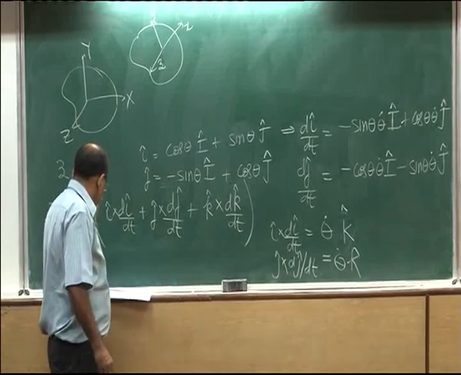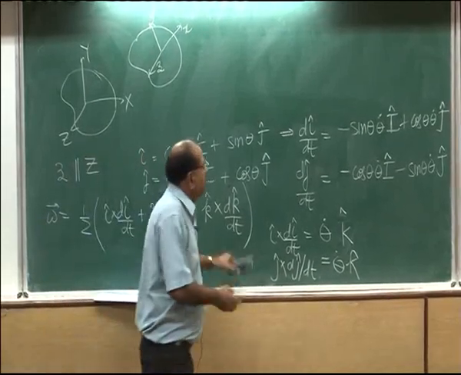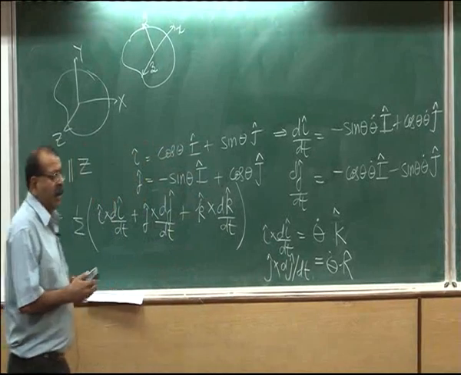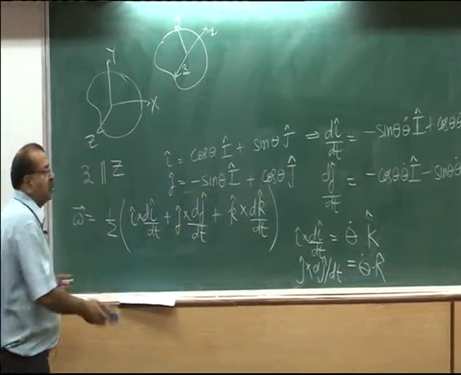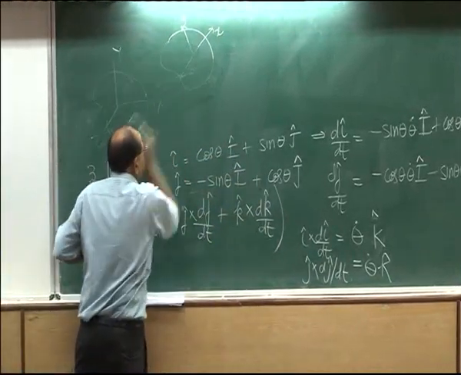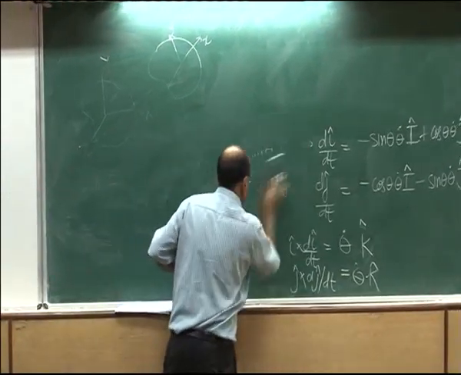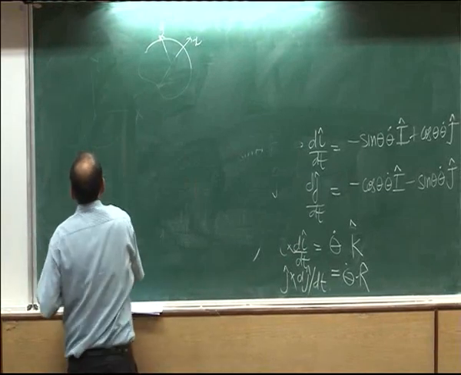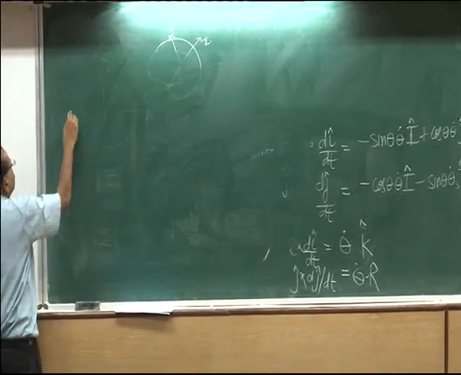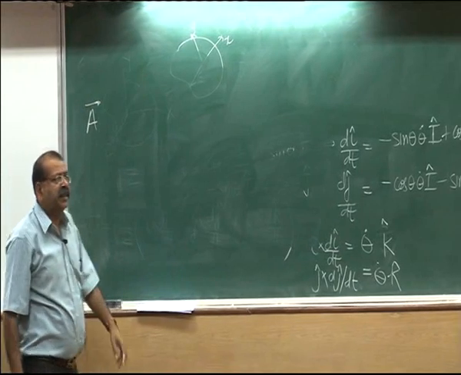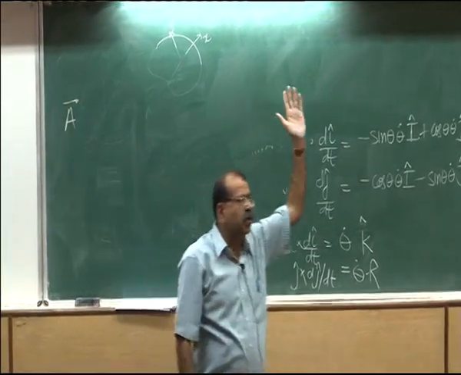Now, what I am going to do as a last thing in today's class, as I told you, I will leave you a bit early. So, what I am going to do is, if I know a vector A, vector A could be any general vector.